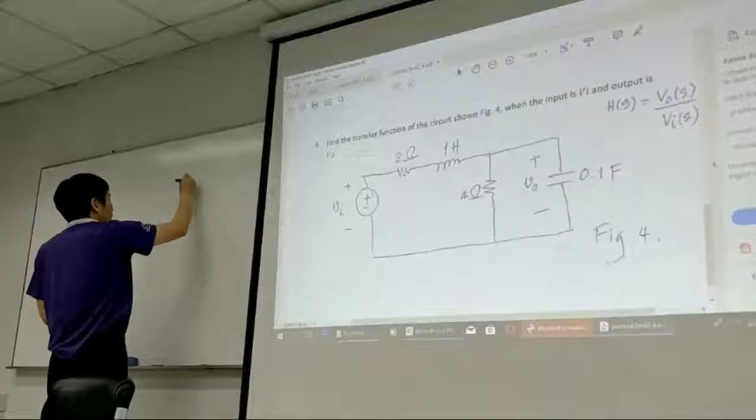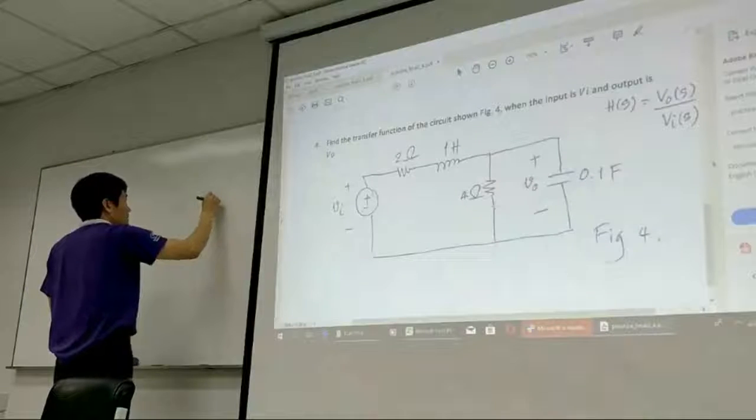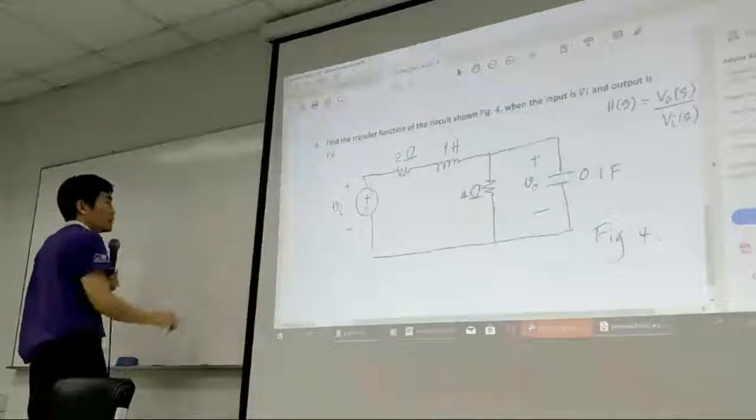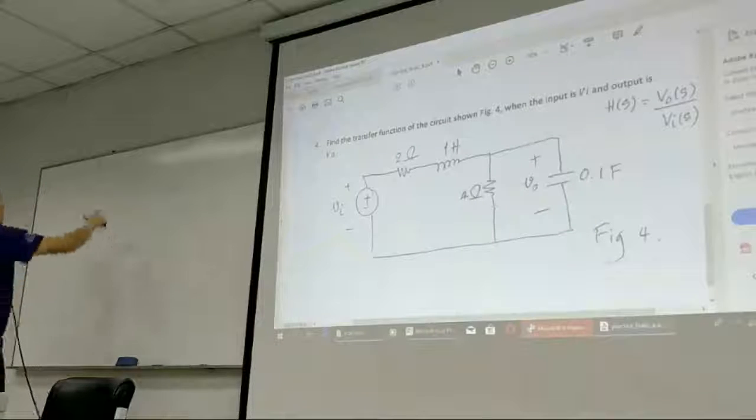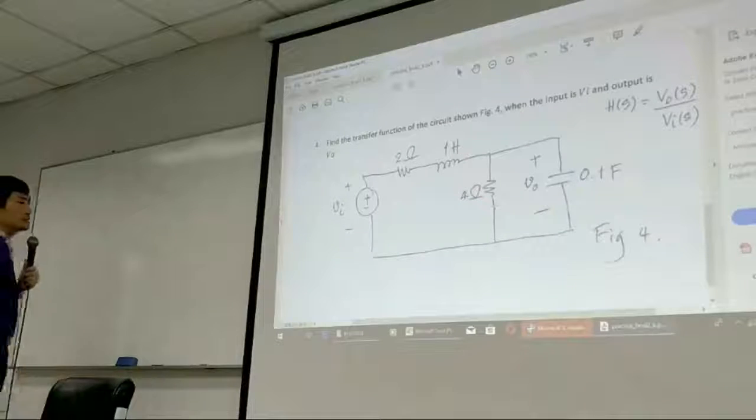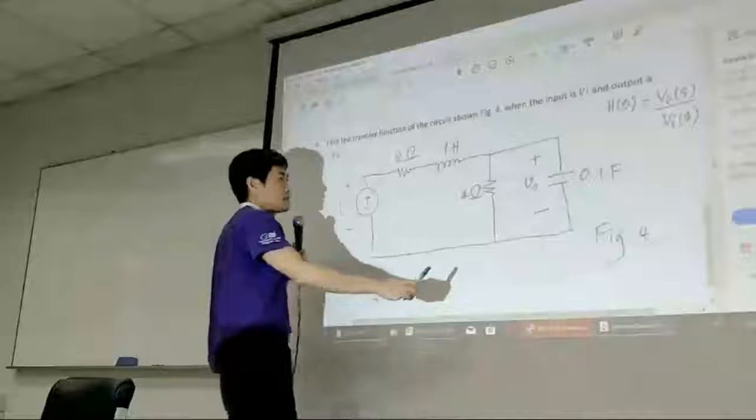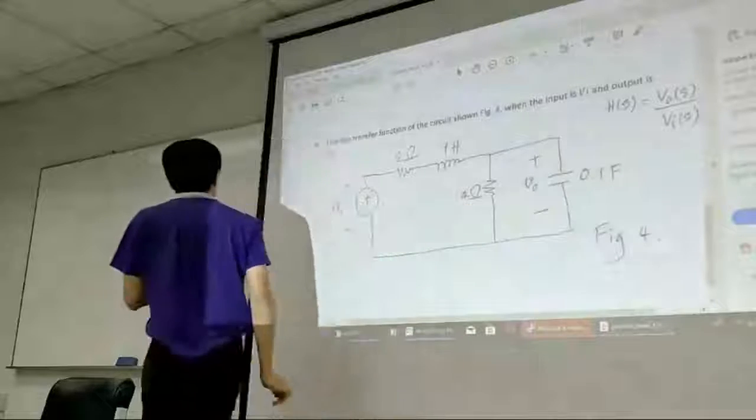For the capacitor, you get 1 over SC, where C is 0.1.